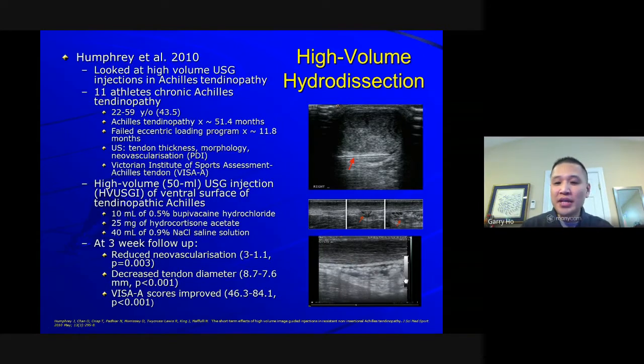Now the goal here when you do this, and this was highlighted in Dr. Humphrey's paper, is that you're looking for the neovessels if you can, and then you do the treatment and then you monitor afterwards to make sure that the neovessels have been obliterated at the end of the procedure. And what he found was improved symptom score as well as decreased tendon diameter.